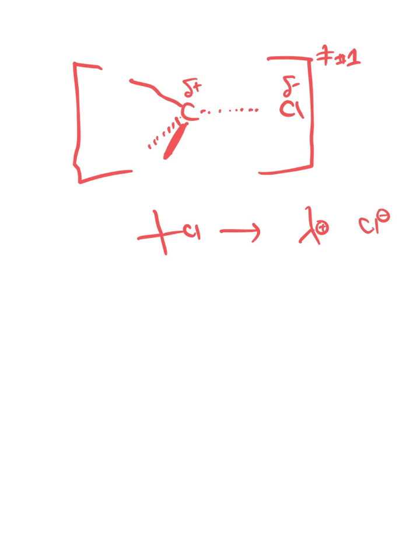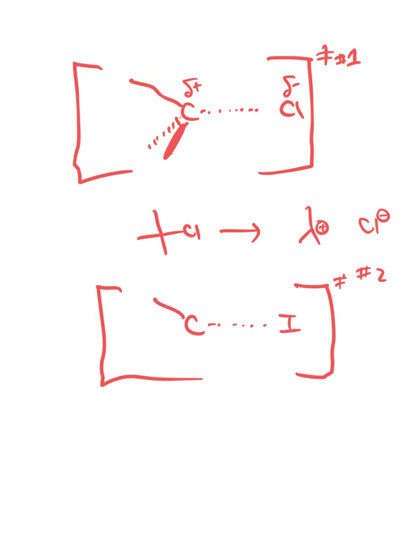The second transition state will look very similar, because now instead of breaking the bond between the carbon and the chloride, we are forming a bond between the carbon and the iodide. So the carbon has a partial positive, the iodide has a partial negative.